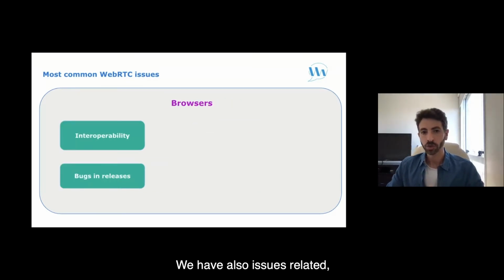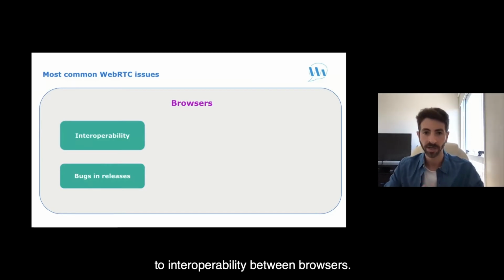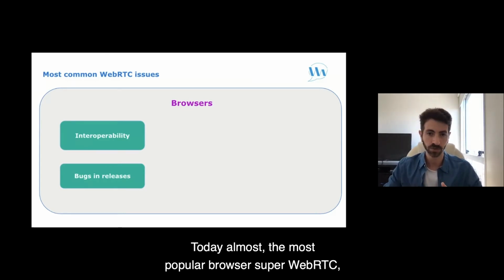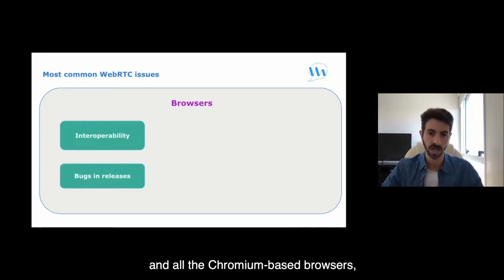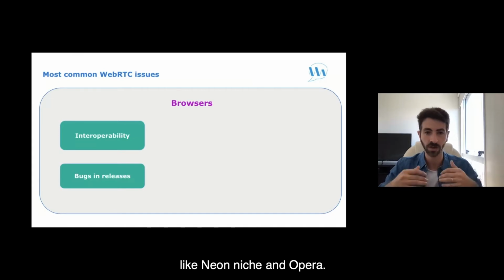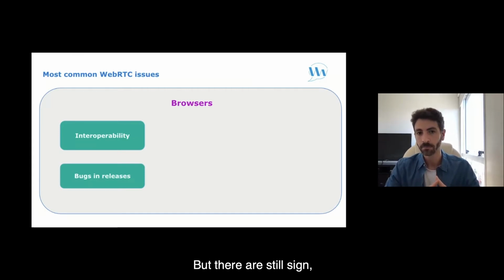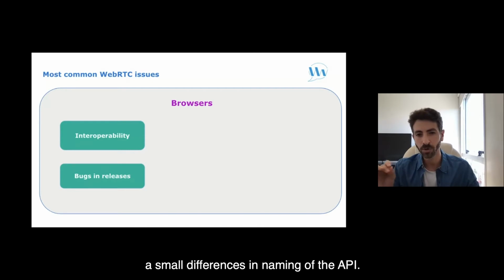We have also issues related to interoperability between browsers. Today, almost all the most popular browsers support WebRTC, like Safari, Chrome, Firefox, and all the Chromium-based browsers like the new Edge and Opera. But there are still some small differences in naming of the APIs.